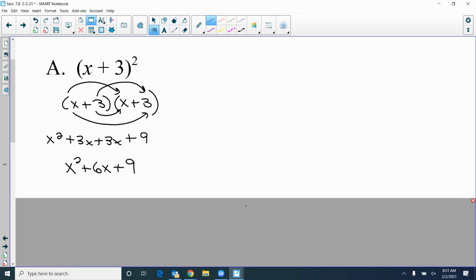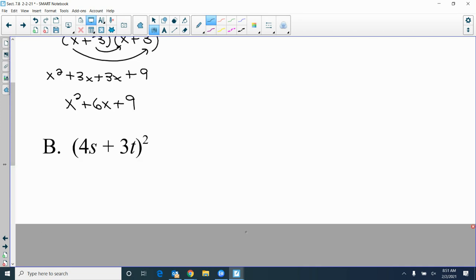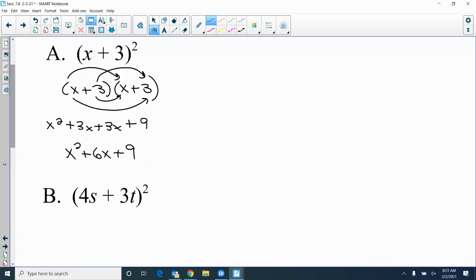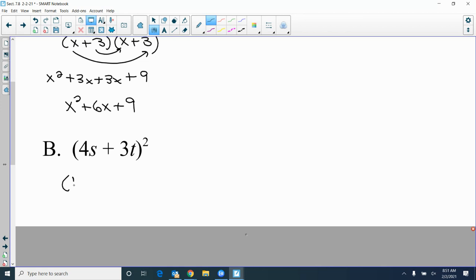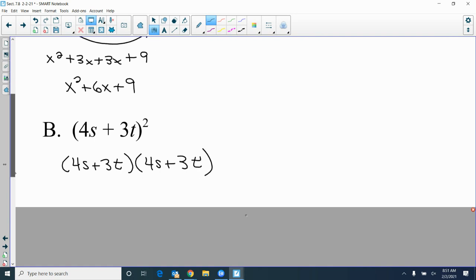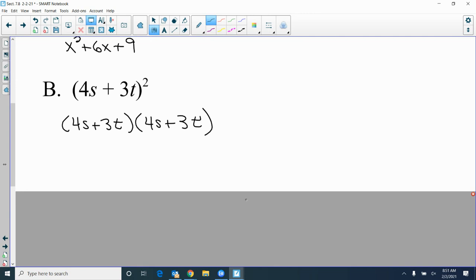And leave that. All right, now take a look at letter B. We really haven't done one like this, but we have to follow that same rule. Rewrite it 2 times. So it's 4s plus 3t times 4s plus 3t. All right, first step.